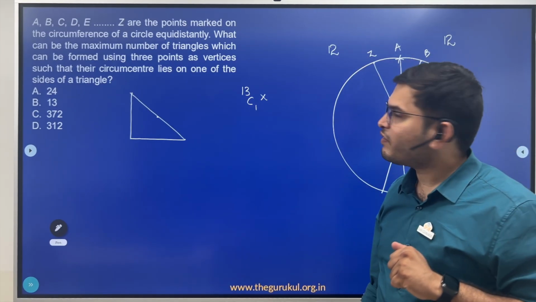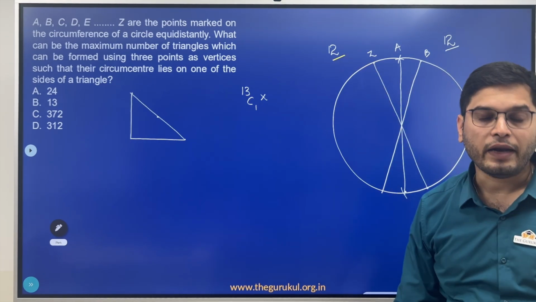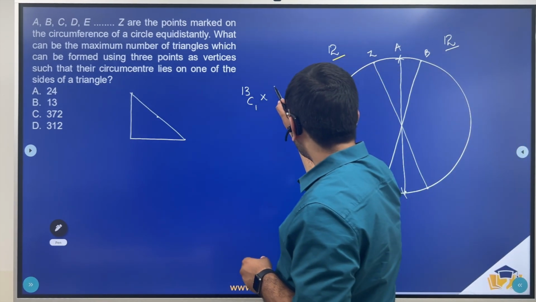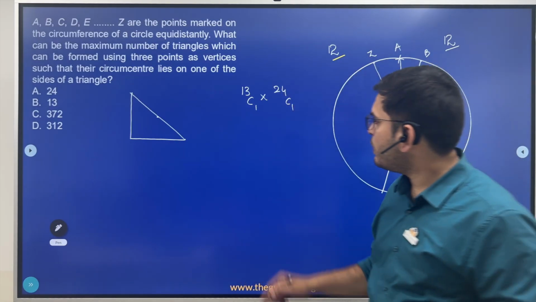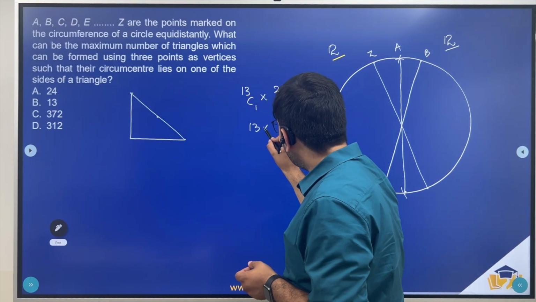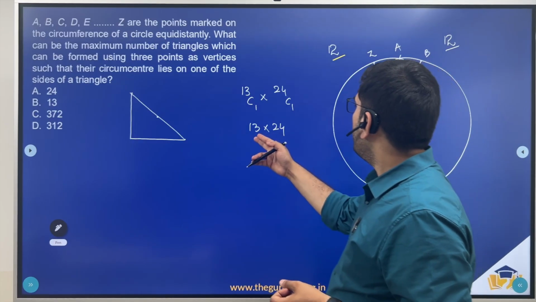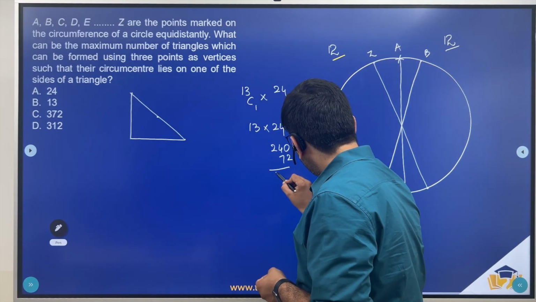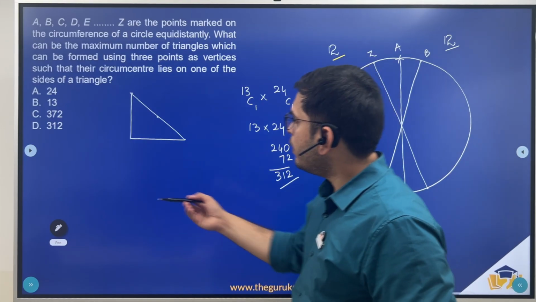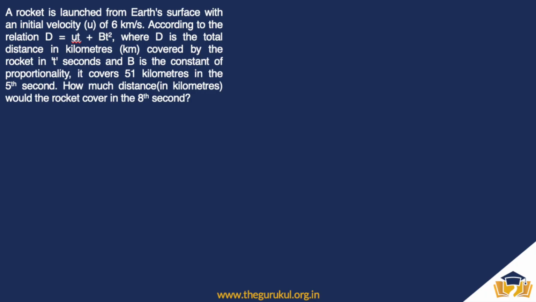So the third vertex can be any one of these 12 or any one of these 12. Right. So you have a total of 24 points, and from these 24 you need to select one. So this becomes what? 13C1 is 13, 24C1 is 24. Now 13 into 24. 10 into 24 is 240, 3 into 24 is 72. So this becomes 312. Hence the answer for this question should be option D.